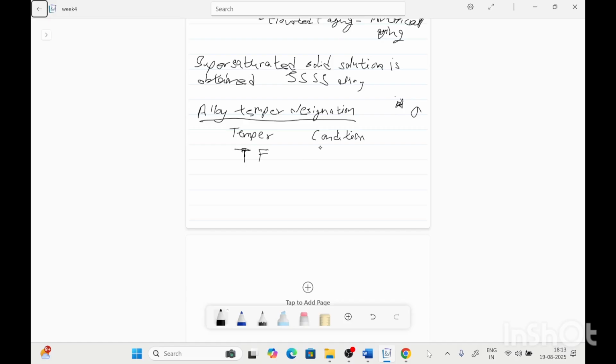F means as fabricated. O is for annealed. W represents solution heat treated. And T is the temper.